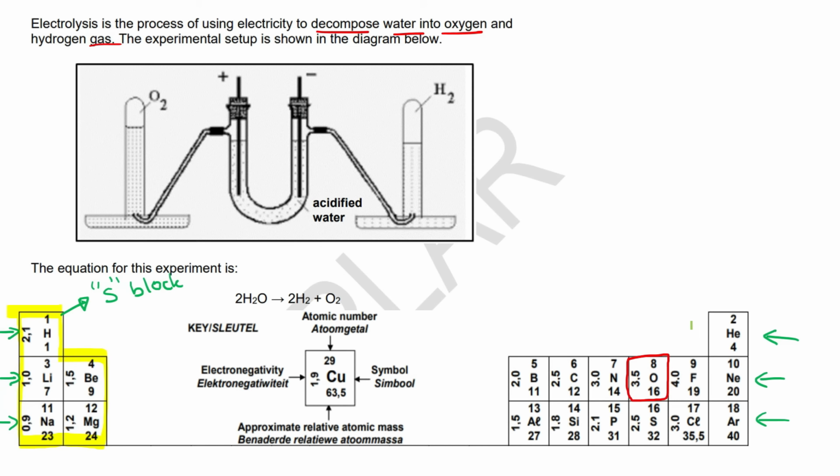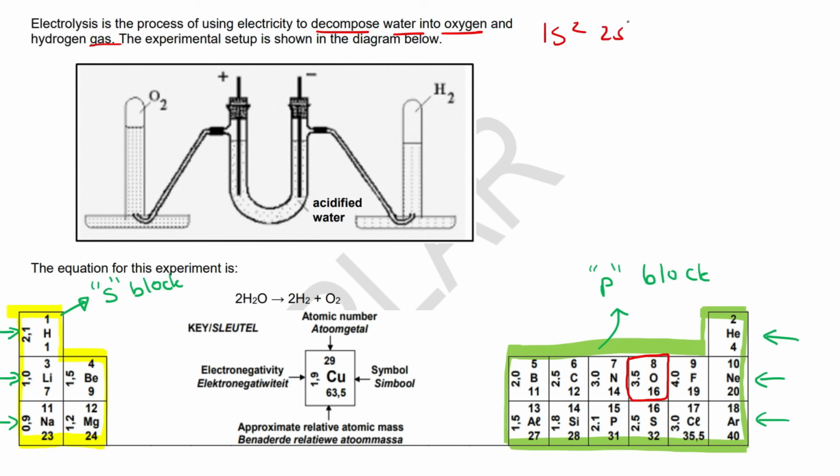And then on the right hand side is the P block. Okay, so the way that it works now is I like to do the electron configuration first. Remember that whole 1s2, 2s2, 2p6? Let's quickly go over that a bit.